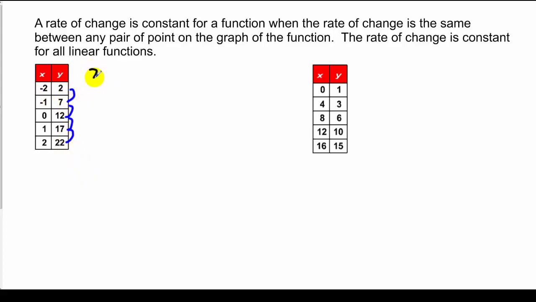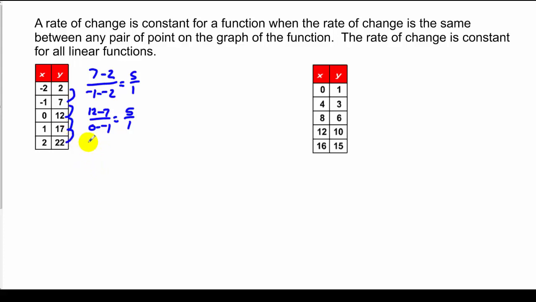We have 7 minus 2 over -1 minus -2, which ends up being 5 over 1. Second set of points is going to be 12 minus 7 over 0 minus -1, which is, once again, 5 over 1. So far, so good.